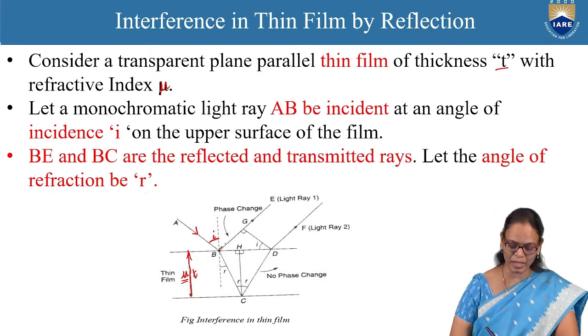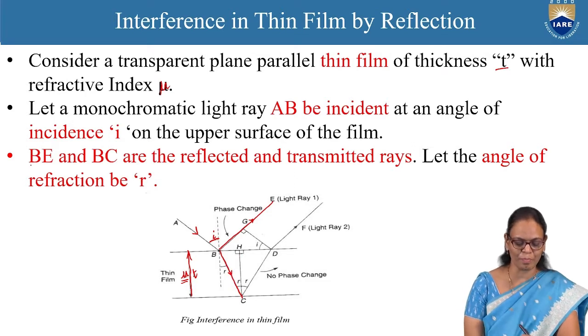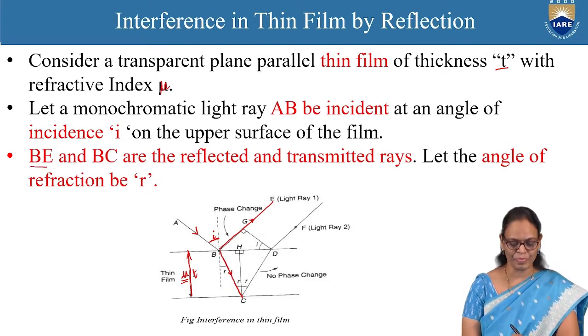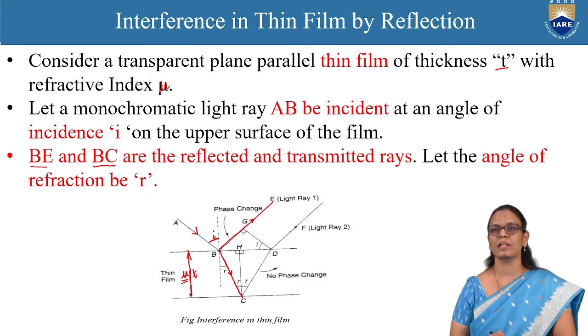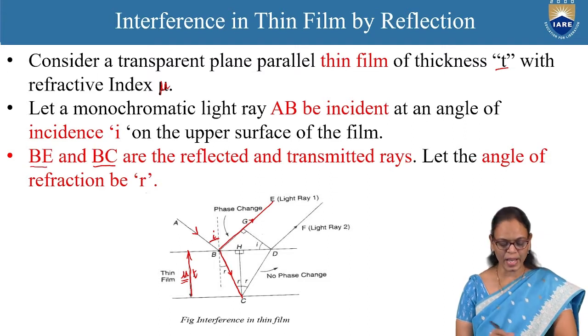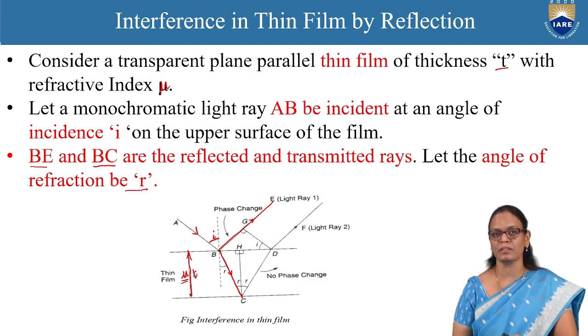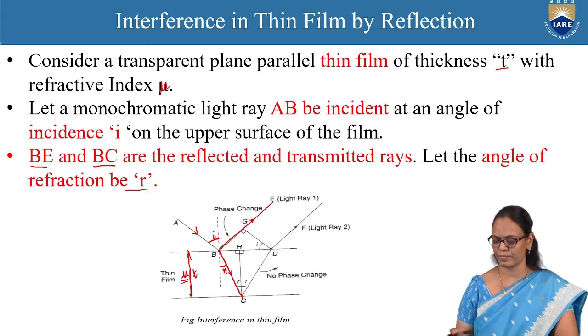This is BE, the reflected ray, and this is BC, the transmitted ray. Let the angle of refraction be R, the angle which the refracted ray makes with the normal.